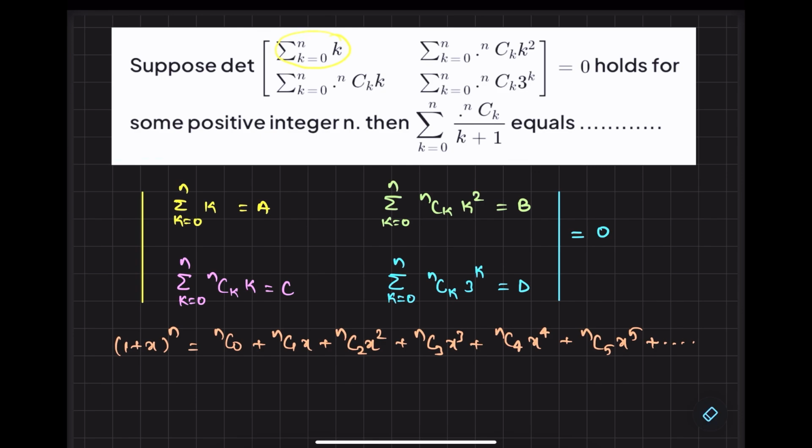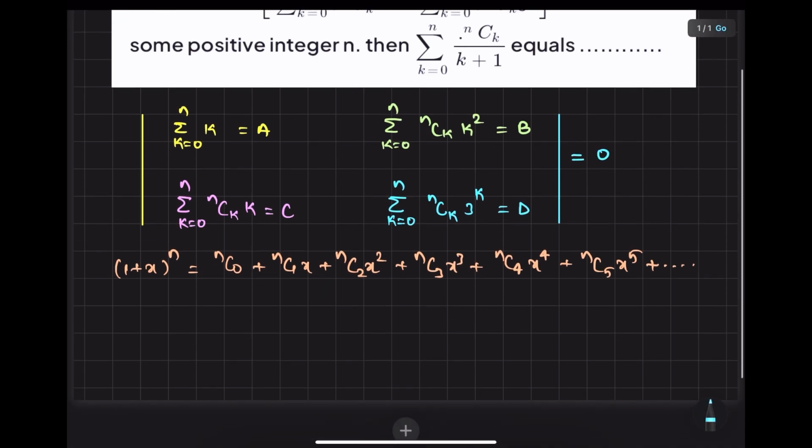So can I replace x with 3 to get the value of d? Just tell me. Put x equals 3. So don't you think that d will be equal to (3 plus 1), that is 4 power n? Just tell me, is this right or wrong? Correct?